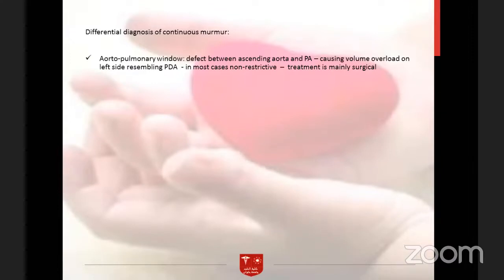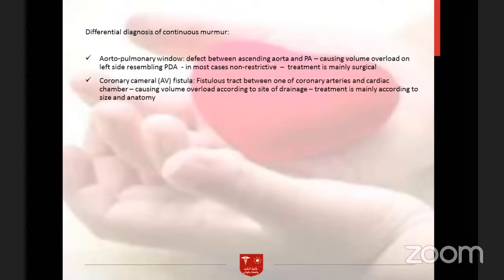The AP window is a defect between the ascending aorta and the pulmonary artery, causing volume overload on the left side, resembling the clinical picture of PDA. In most cases, it is non-restrictive, presents very early, and the treatment is mainly surgical.